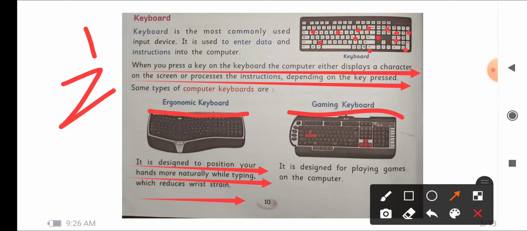It is usually used by people who work a lot of time on the computer system, such as programmers, so it reduces wrist strain. That means whatever pain we have in our wrist is reduced by the ergonomic keyboard. This is used by professionals.